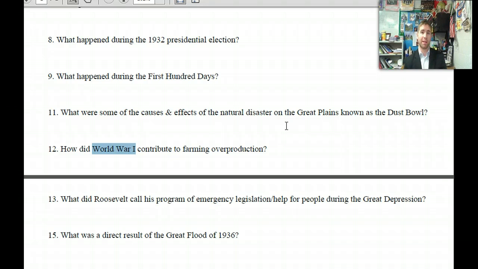And so when the rain stops coming and the crops all die, nothing's holding the soil together, winds start blowing, and it has kind of a compounding effect to where now we have these dust storms, or dusters as they're called, that are blowing across the plains all the way out into the Atlantic Ocean. So it causes a lot of hardship for people's lives. We spent a fair amount of time talking about that.